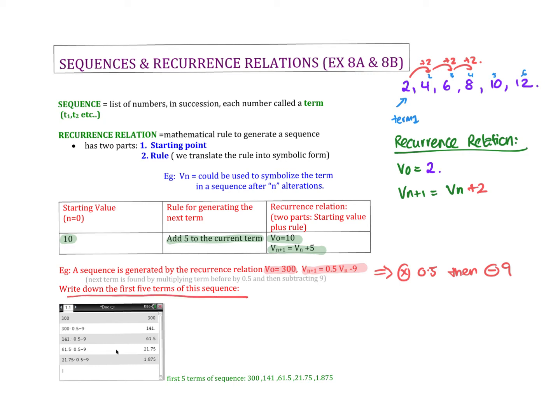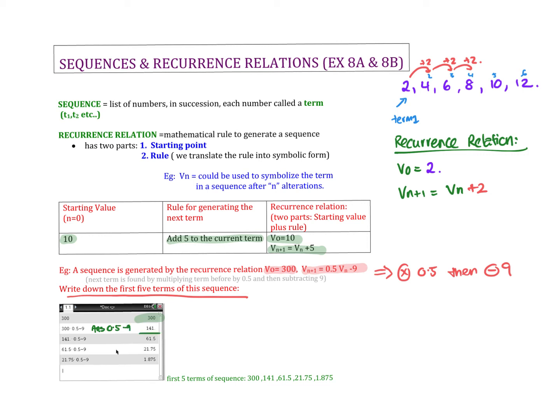So what I'm going to do now is we're best to do these on the calculator. Some are easy, you can do them in your head, but you're best to see it on the calculator because then you can visually see what's going on. So I'm going to just pause it here and show you. Okay, so we saw in our calculator that we typed the 300, and then when we did it down here, we saw Ans, and we times it by 0.5 and minus 9, and we got 141.